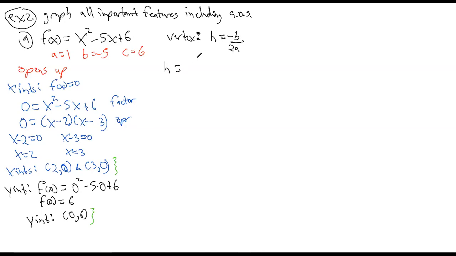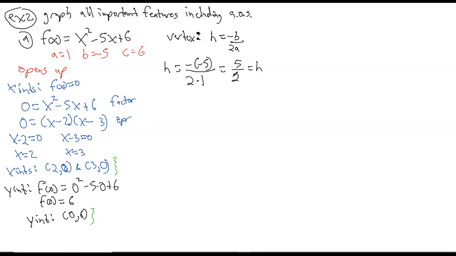So h equals -b, that's -5, the b was -5, all over 2a, which is 2 times +1. The negative negative cancels, so that's a positive 5 in the top. The 2 times 1 is 2 in the bottom. So the x coordinate of the vertex is 5/2, or 2.5, depending on the format you like.